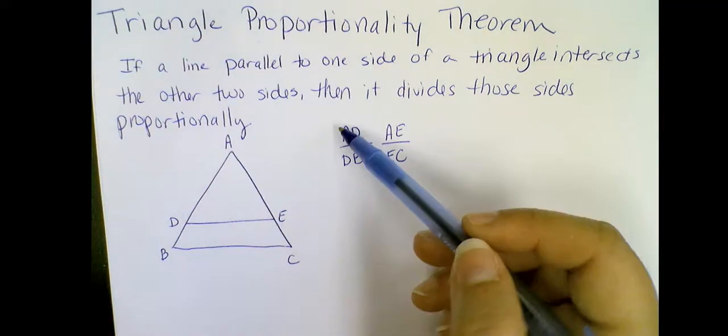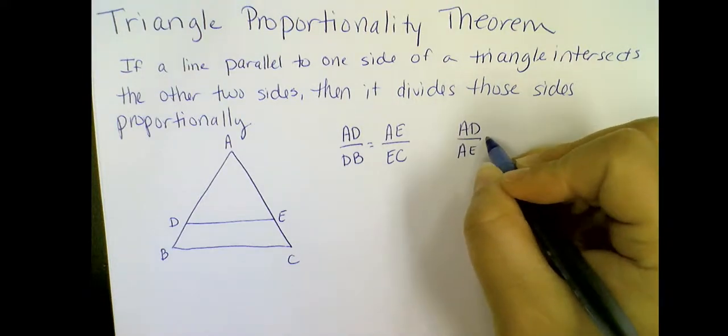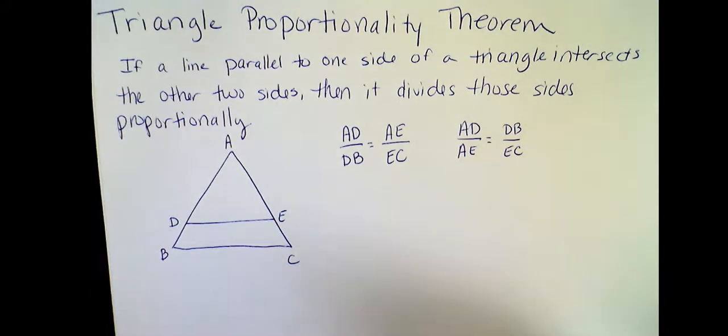Now we could use the properties of proportions to rewrite that. We could do the top over the top, so AD over AE would be equal to DB over EC. That's just another way to write it. The proportion is exactly the same. There are some other proportions that we could use.